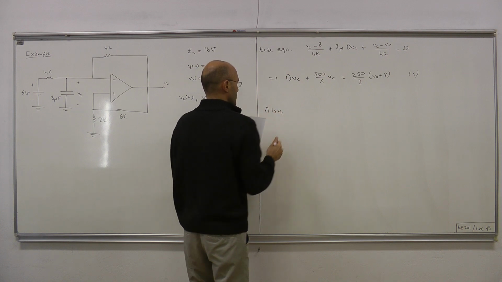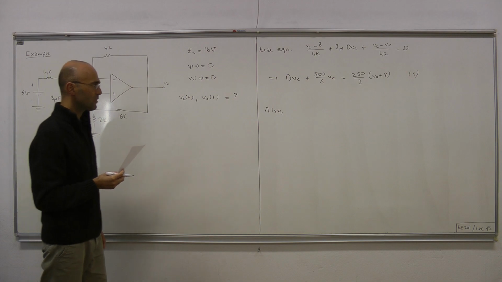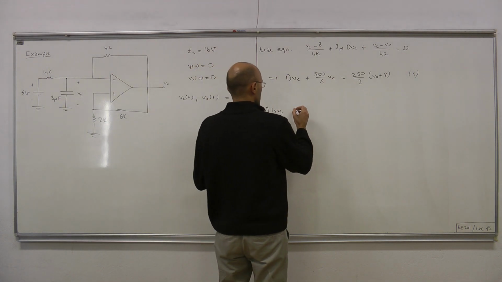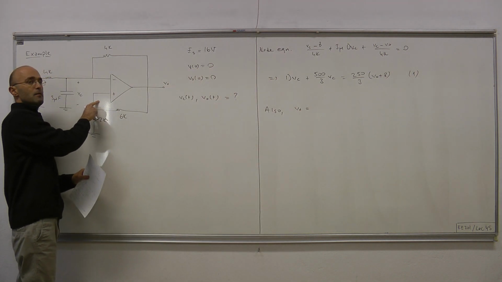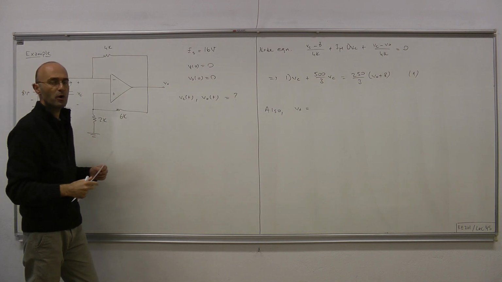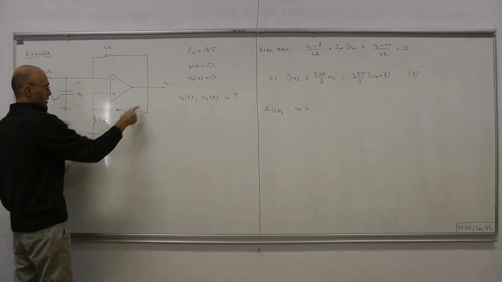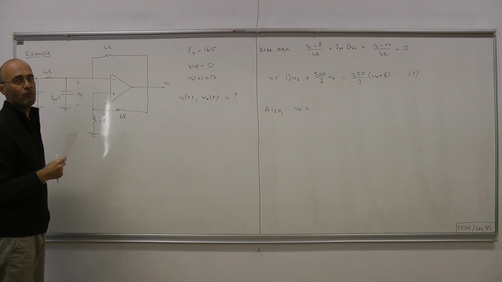What else? Let's also obtain V plus and V minus voltages, so that we can use them in our analysis, and also to determine what region the op-amp is operating at. So V plus equals, this is V plus. Remember that there is no current escaping into the op-amp. We're working with the ideal op-amp model. So therefore, this pair of resistors acts as a voltage divider.